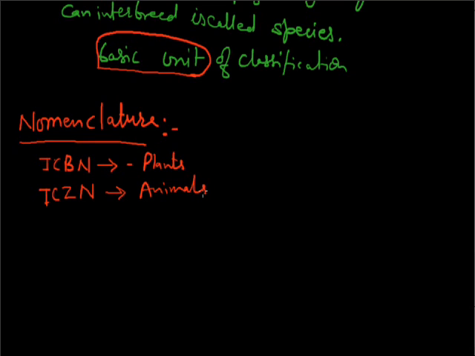So these two major organizations are responsible for the allotment of names of plants and animals. Now we discuss binomial nomenclature.